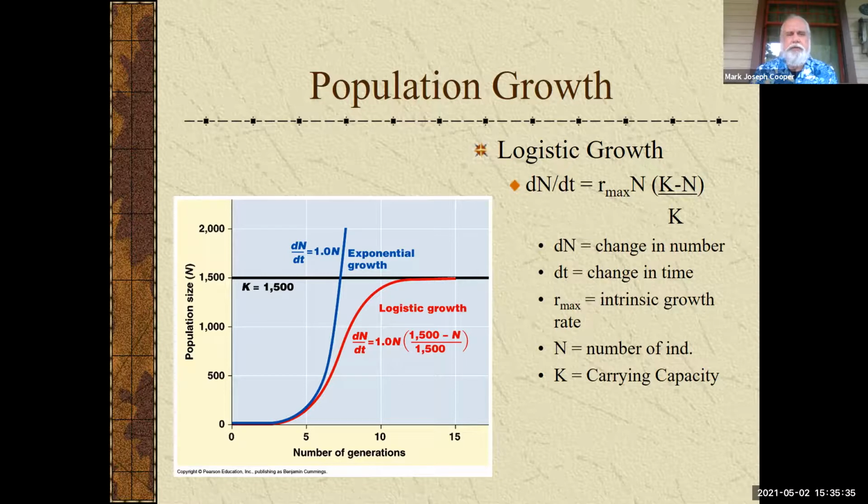And so what you see is it's not a J-shaped curve anymore. This is actually called S-shaped, or sigmoidal, but S-shaped is typically how it's talked about. As you get closer and closer to the carrying capacity, you start to level off. This is actually done by large terrestrial mammals, things like lions, tigers, and bears.